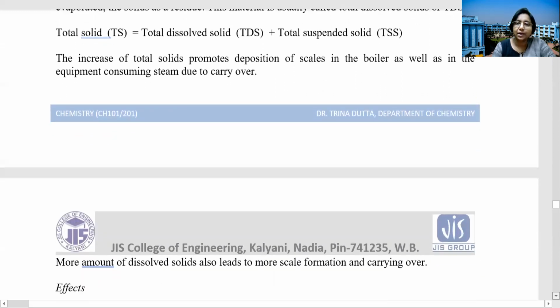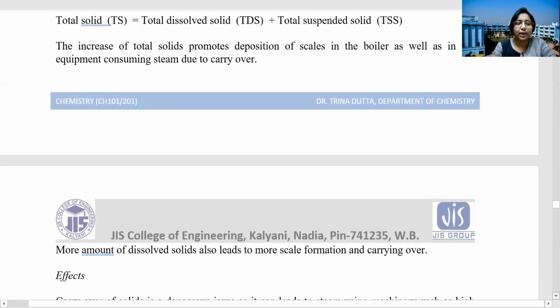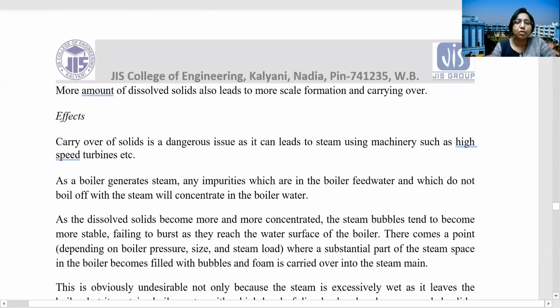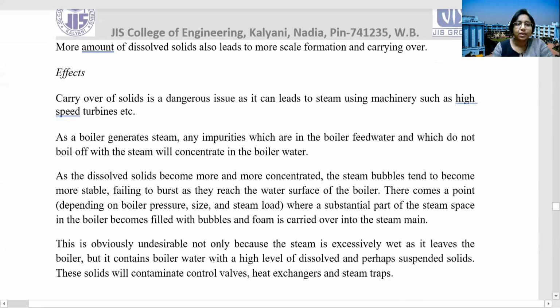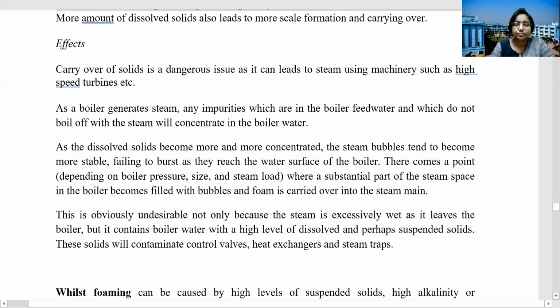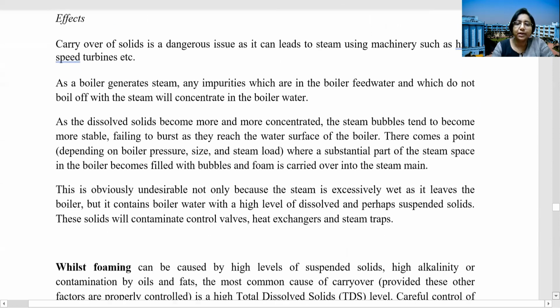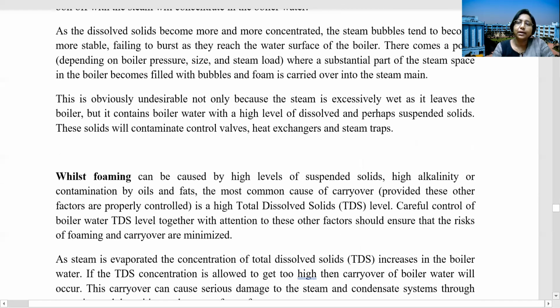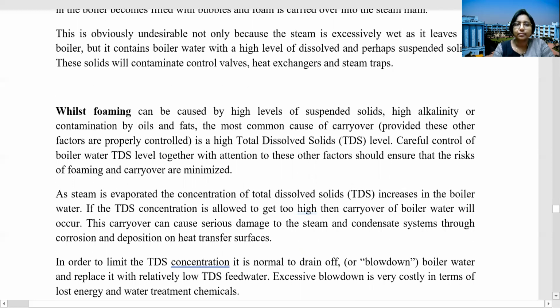I have discussed earlier that the boiler has different problems, like carryover of solids, which is a dangerous issue as it can lead to problems in steam-using machinery such as high-speed turbines. So any type of impurities will create problems. It will cause foaming, priming, etc.